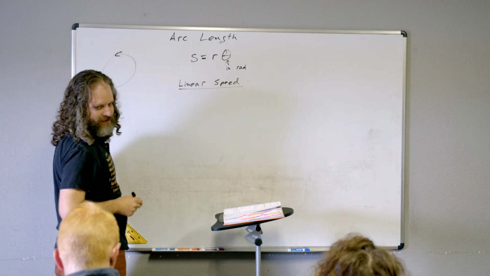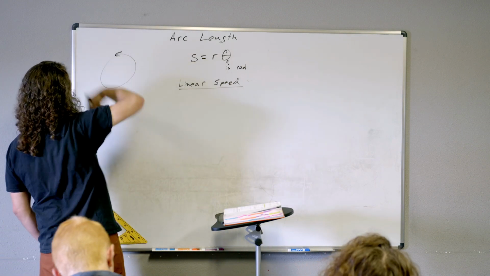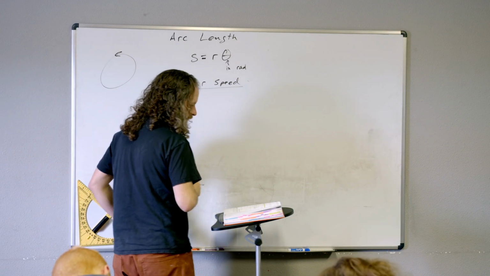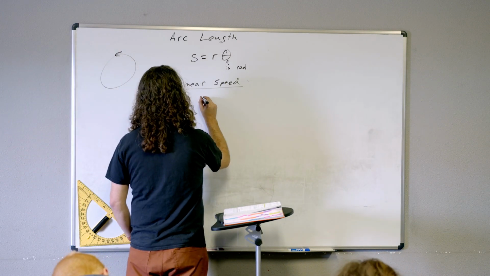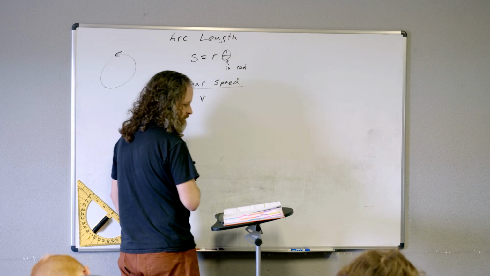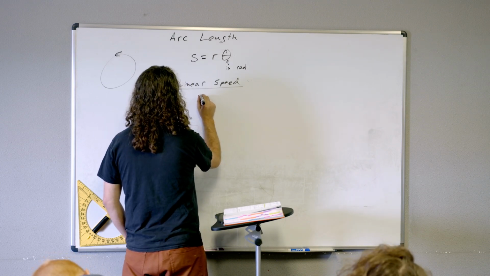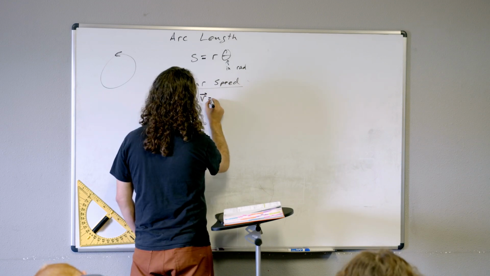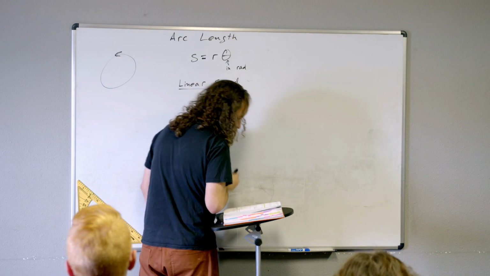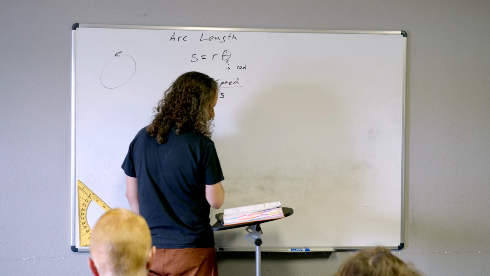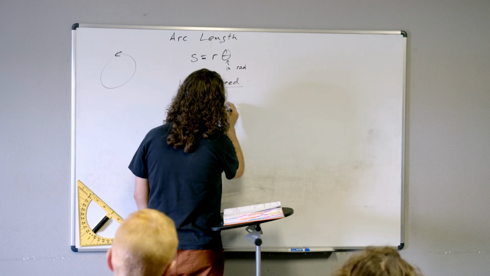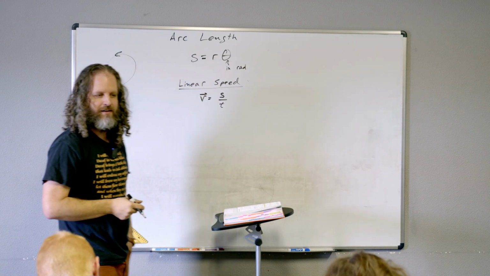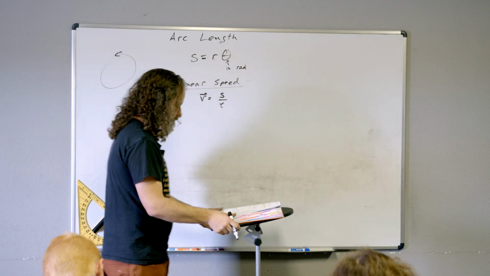It's called linear because if we stretch it out into a line, it's linear speed. We use v for velocity, and I'm going to add a vector symbol because physics. It is the length it's going to be traveling divided by the time.